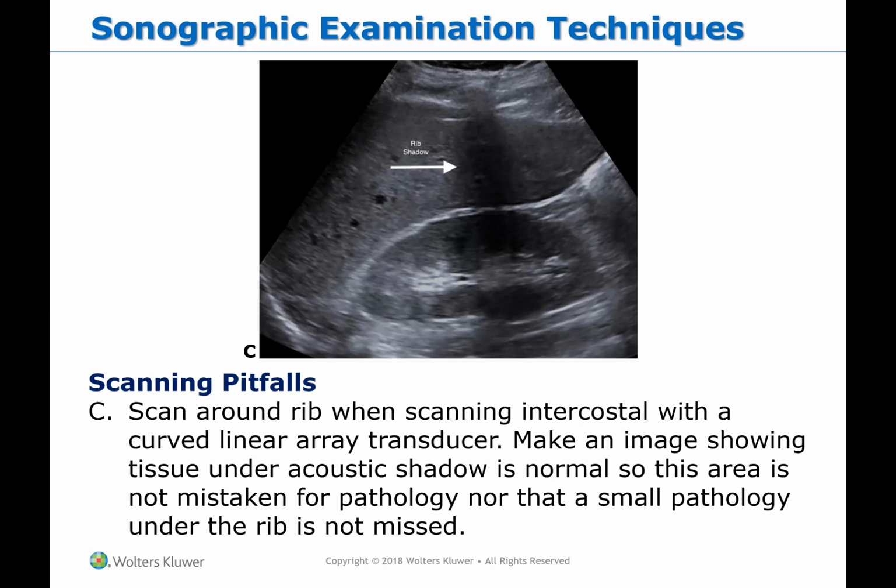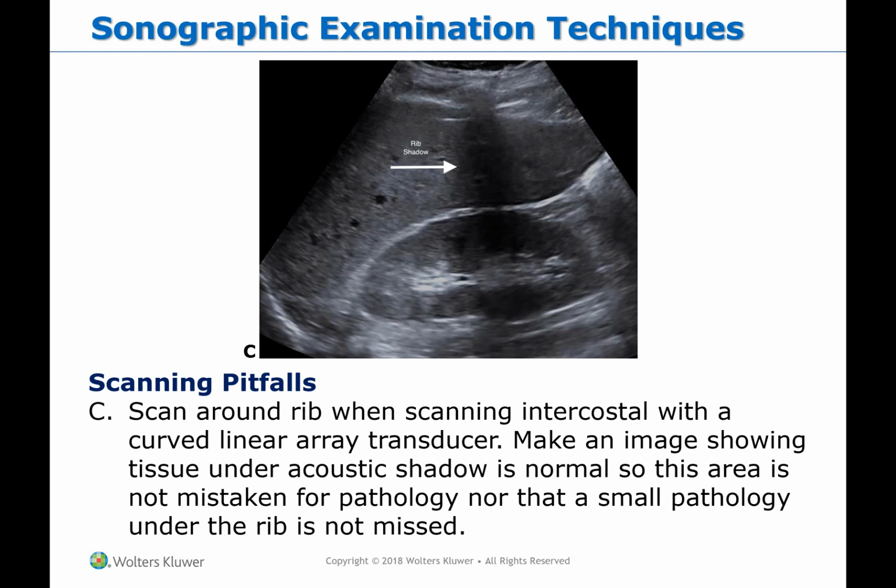When you get out into the real world, people are not healthy a lot of the time, and you can't see the liver at midline due to body habitus. So you're going to have to scan through the ribs, and you're going to have to contend with rib shadows.